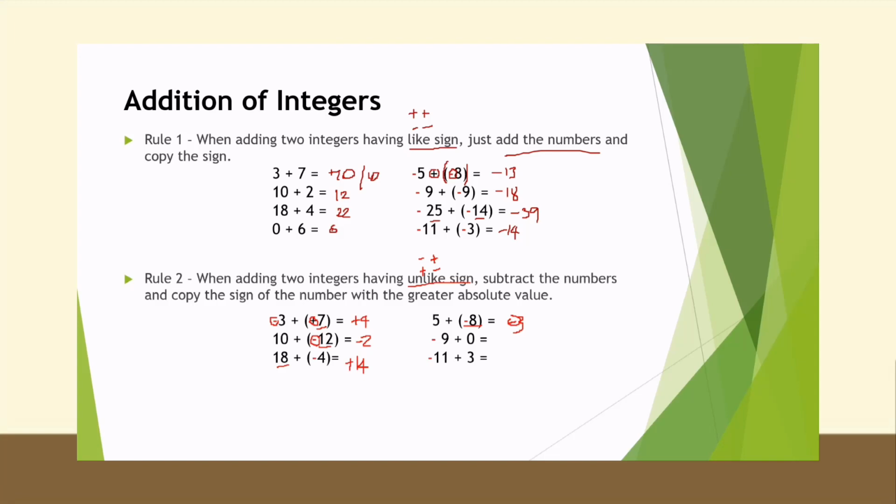Next, negative 9 plus 0 is negative 9. How about negative 11 plus 3? Negative 8. Why negative? Because the sign of the greater absolute value is negative. Kaya siya naging negative. Okay, so I hope you follow the rules.